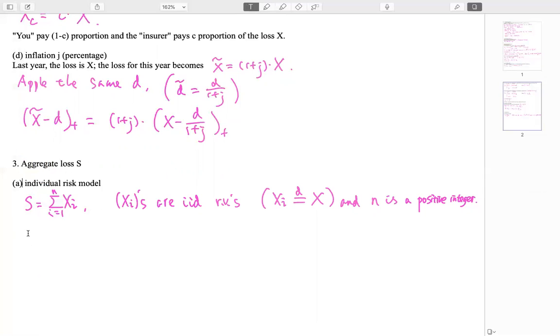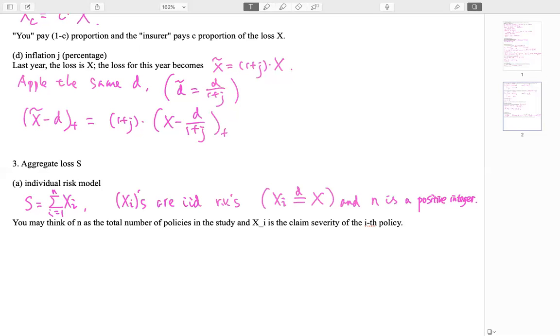I just provide one possible way of understanding small n: you may think of small n as the total number of policies in the study, and Xi is the claim severity of the i-th policy. Okay, so that is the setup.